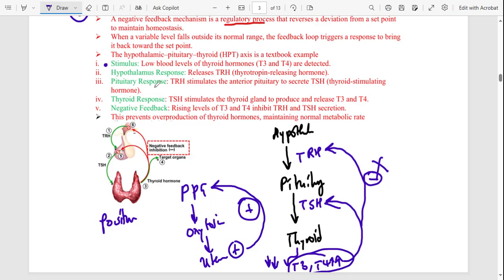And then the pituitary gland will also come in and release the thyroid stimulating hormone because of the instruction from the thyroid releasing hormone. And the thyroid stimulating hormone is going to stimulate the thyroid gland to release T3 and T4. Once the T3 and T4 are high, those are now going to go and inhibit TRH and TSH. That will be the negative feedback. Okay, so that is what happens.